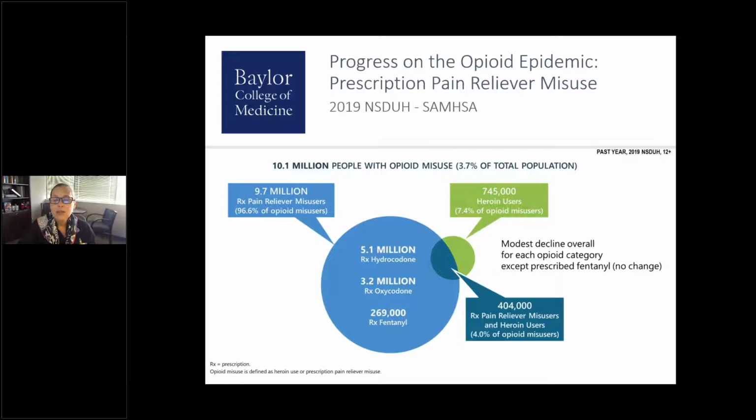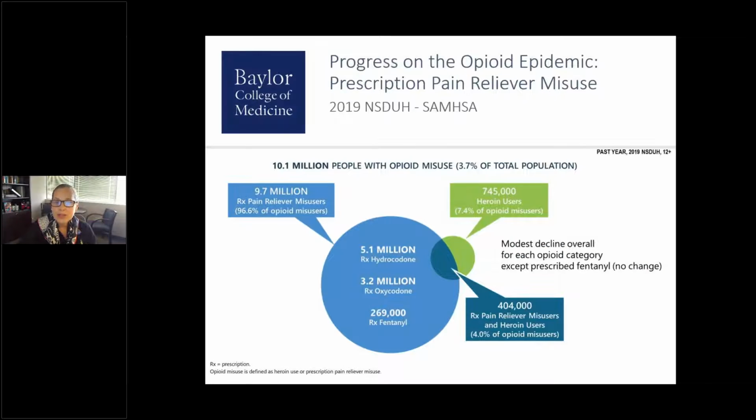So we have seen, pre-pandemic, some progress on the opioid epidemic, particularly around prescription pain reliever misuse. And this is from the 2019 National Survey on Drug Use and Health data from SAMHSA. This came out in the late summer, early fall of last year, 2020, and we're waiting on the 2020 NSDUH data to come out, which should be any day now.